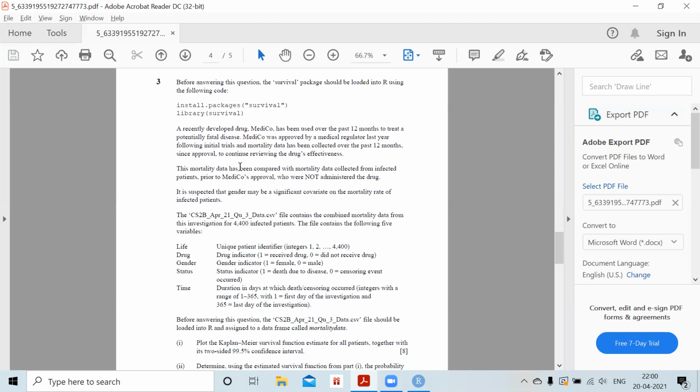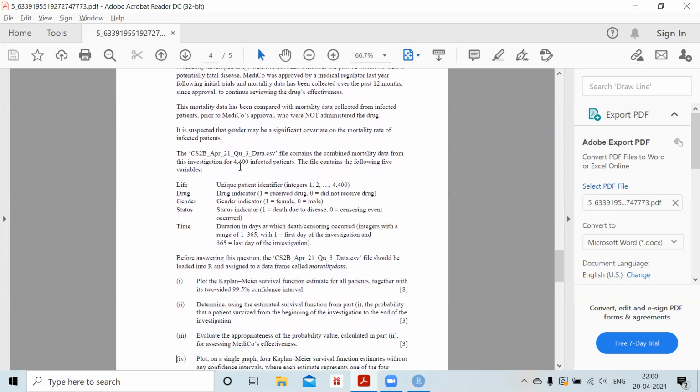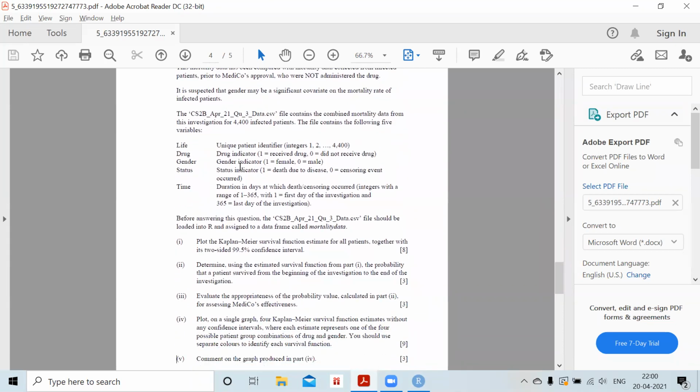Gender 1 equals female, 0 equals male, and the status indicator 1 is death, 0 is a censoring event, and the range is for a year, 1 to 365 days.